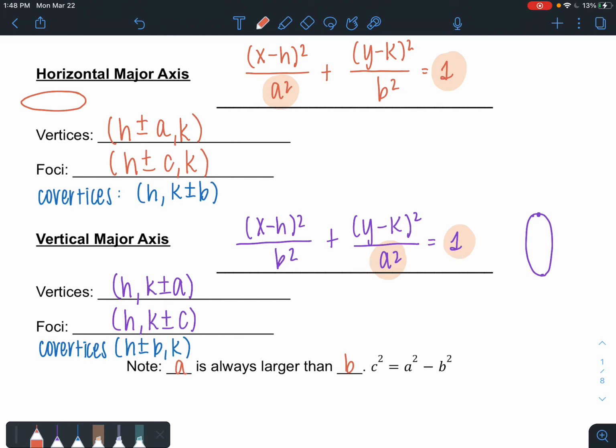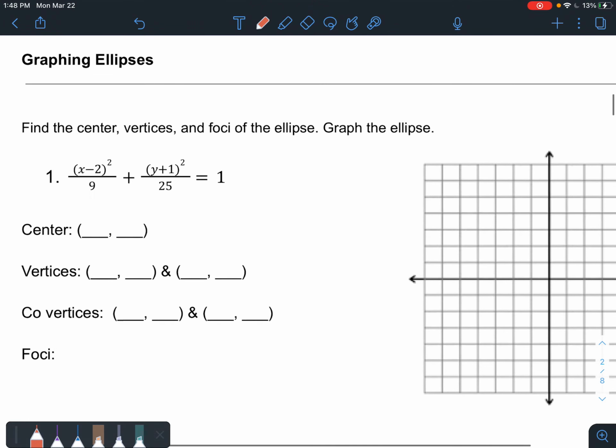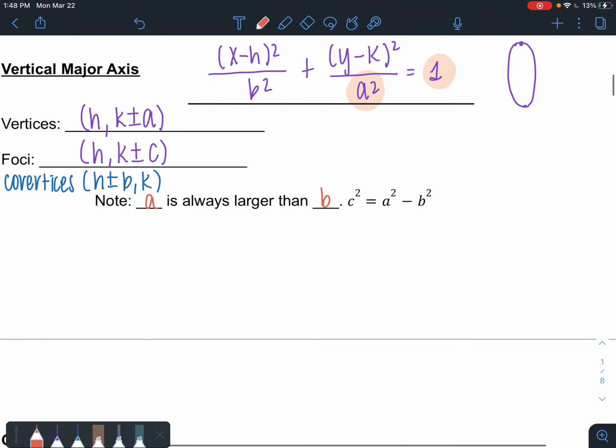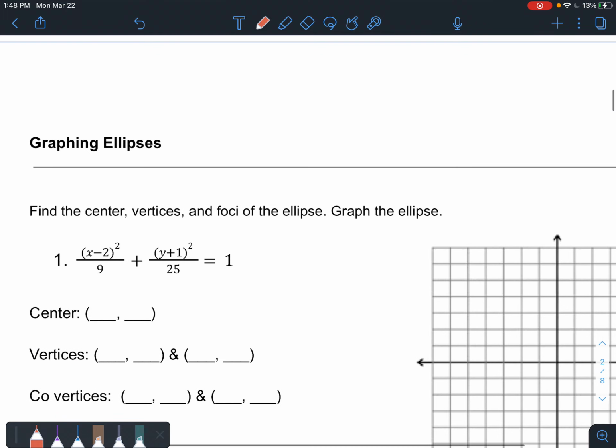All right, so let's go ahead and graph. I always start by finding the center, the vertices, and the foci, and then graphing after. So first to start, you'll notice that I have minus up here, so I'm going to go ahead and rewrite these so I have minus in my numerator.